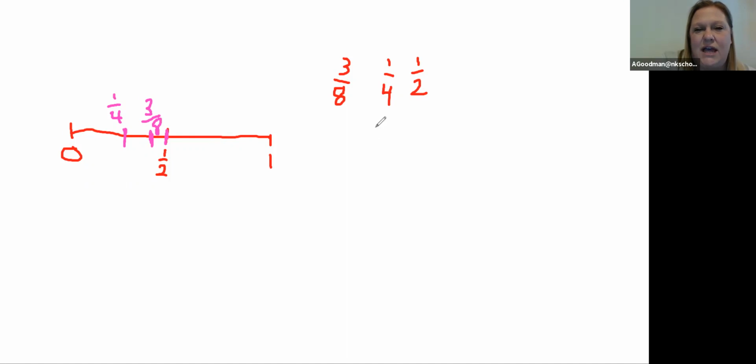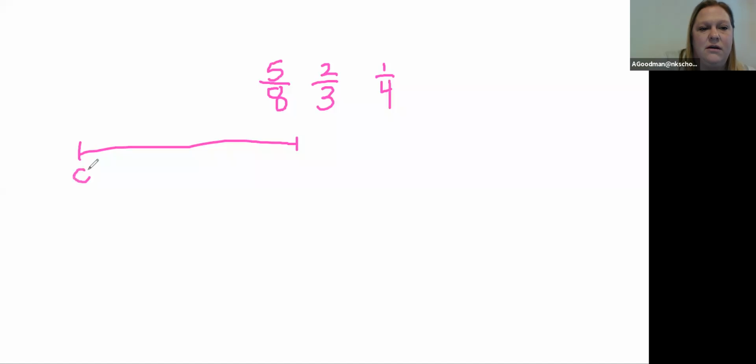Say something was like, let's try this again, let's clear. And let's say we had the fractions 5/8, 2/3, and 1/4. So we make our little number line and we put a 0 here and a 1 here and our half in the middle.